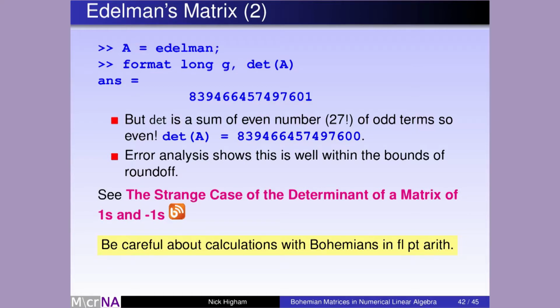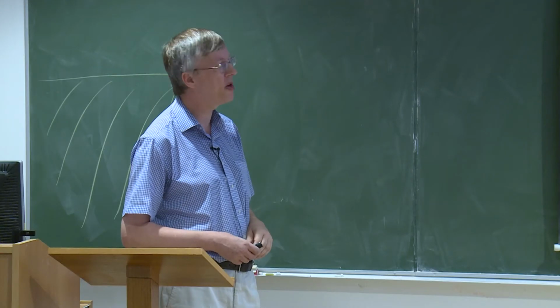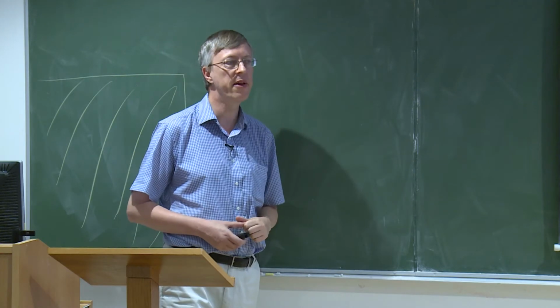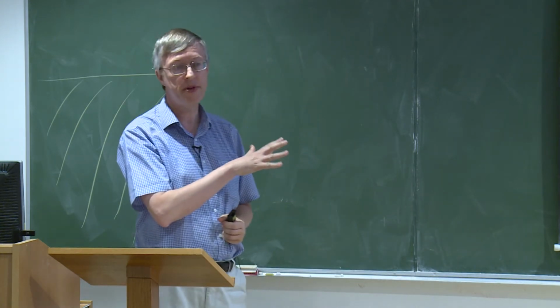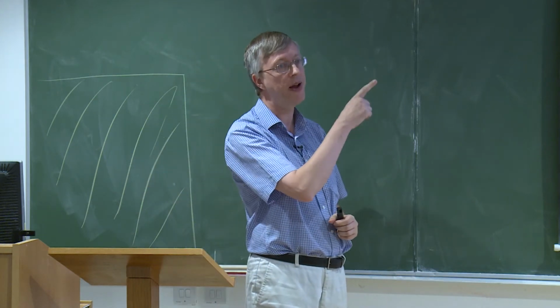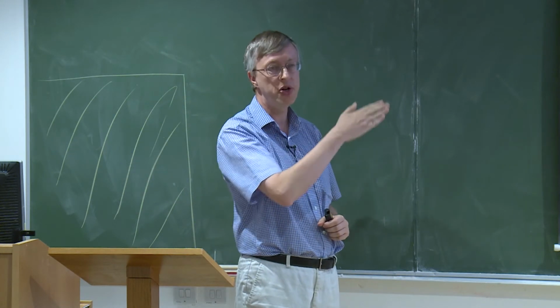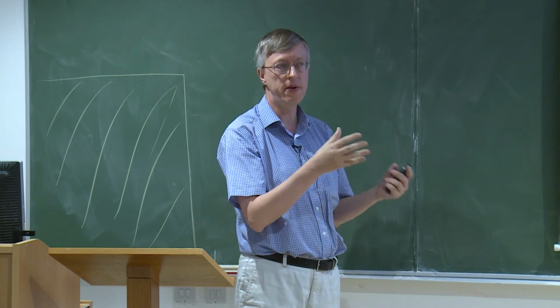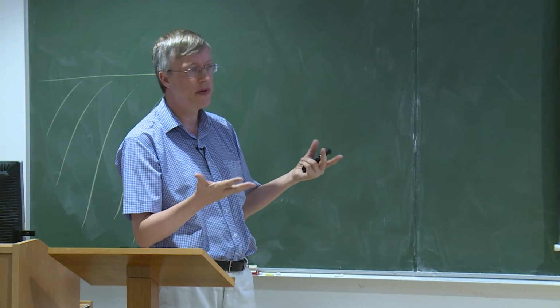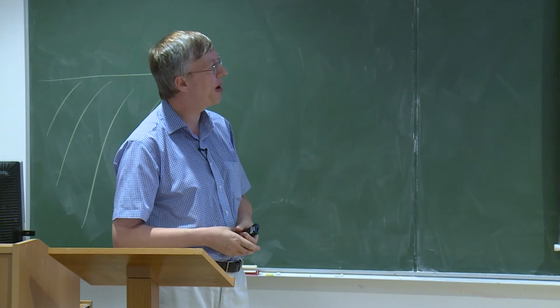But Alan didn't take that as given. He thought for a moment and he said, how's the determinant defined? The determinant can be defined as a sum of n factorial terms, where each term is a product of a_ij's, where you take a single entry from each column, in a different row. That's the standard definition of determinant as a sum of products of a_ij's.